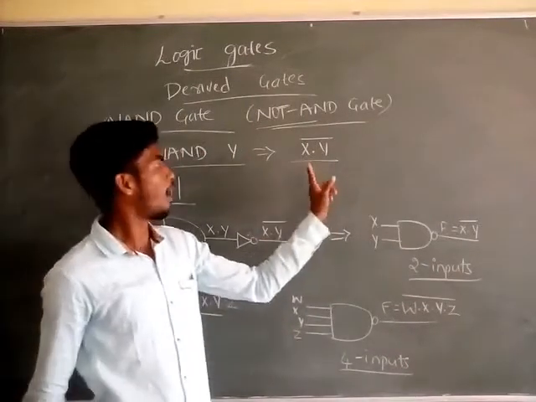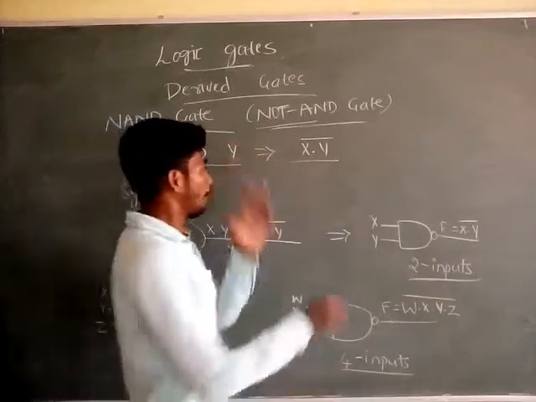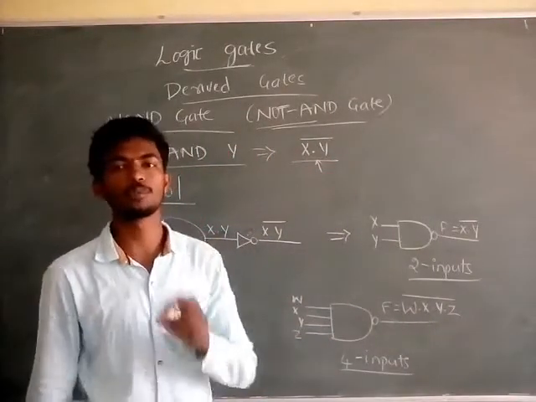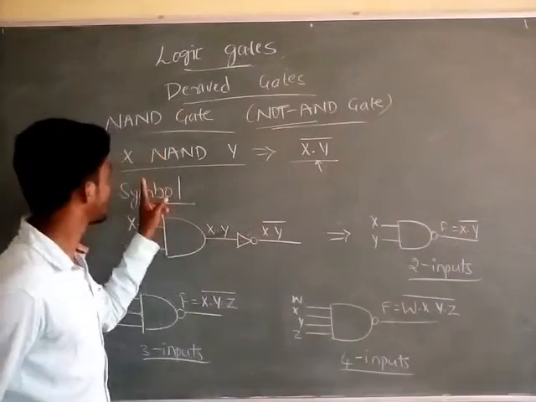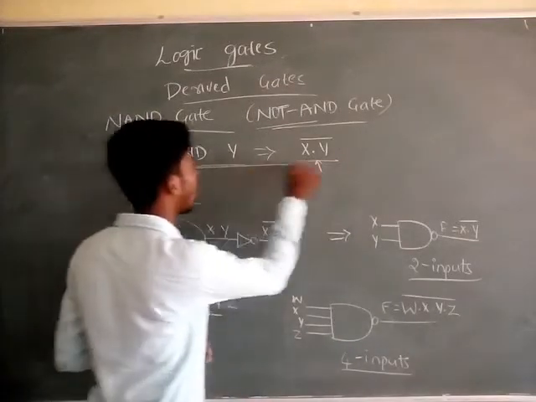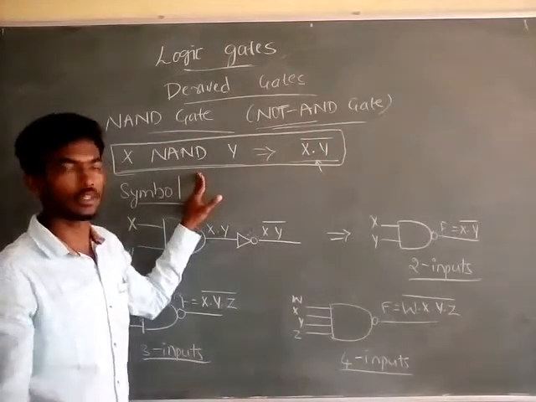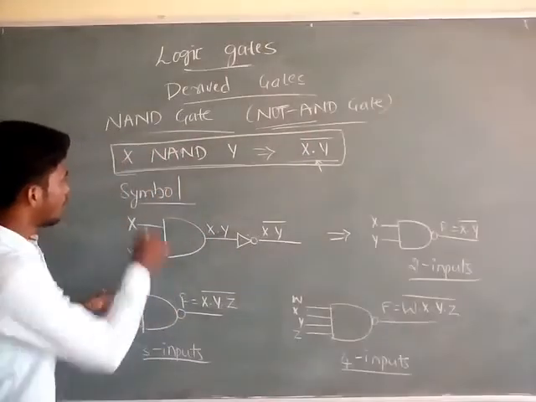This is the mathematical representation of a NAND gate when you provide the 2 inputs X and Y. This is simplified. Just remember it and mark it, as it is an important one for the next classes.